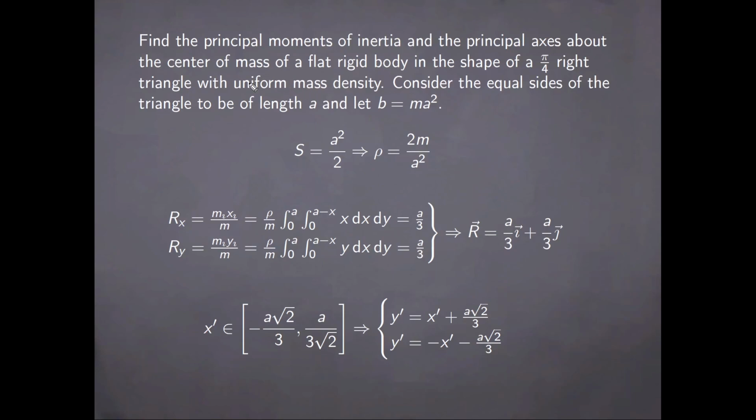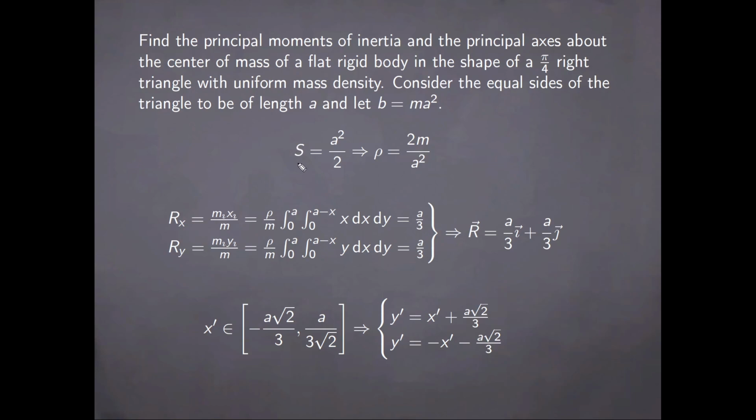As another example, we can try to find the principal moments of inertia and the principal axes about the center of mass of a flat rigid body in the shape of a right triangle having the two equal angles of 45 degrees and also having a uniform mass density. Consider the equal sides of the triangle to be of length a, and let the constant b be given by the value here.